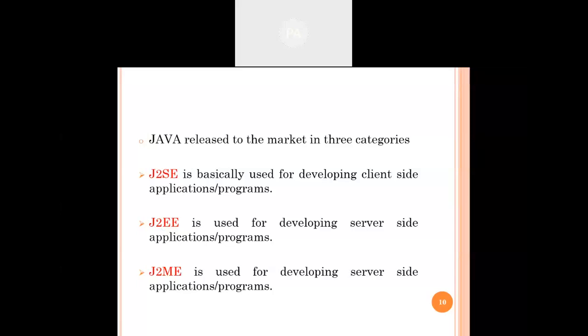Hibernate is also there, and Hibernate and Spring are frameworks which are totally dependent on J2SE. In major companies right now, they are looking for core Java along with Hibernate and core Java along with Spring Boot.